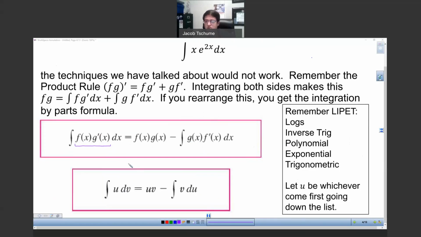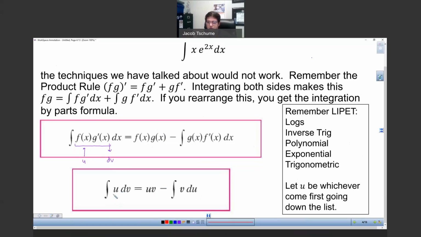Now, in a lot of textbooks, they usually don't use f and g because it's a little bit confusing. So what we can actually do is let f of x be our u function, and let g prime of x dx be your dv function, and then you can rewrite your integration by parts in a more straightforward way. The way that we're actually going to express integration by parts is the indefinite, or it could be a definite integral, of u times dv is equal to uv minus the integral of v du.